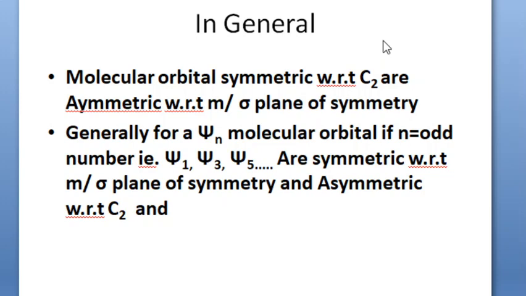If one is present, the other will be absent. So that's how you can generalize that.